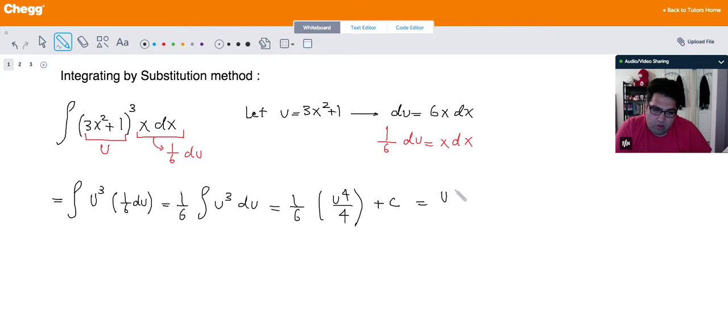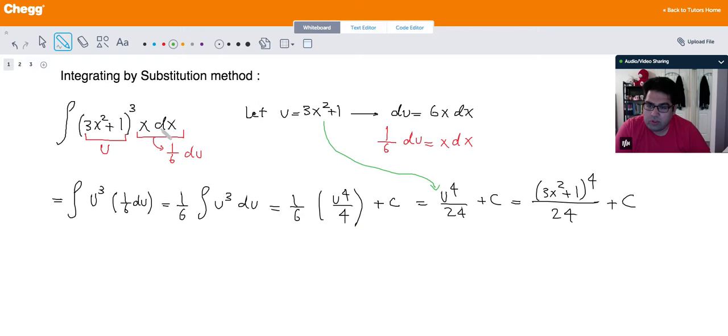That's going to be u to the 4 over 24 plus c, and u is 3x squared plus 1, so (3x squared plus 1) to the power of 4 over 24 plus c. So basically, when you're done with the integration, you have to substitute back for u, because the original problem is in terms of x, and finally you have to have everything in terms of x as well.